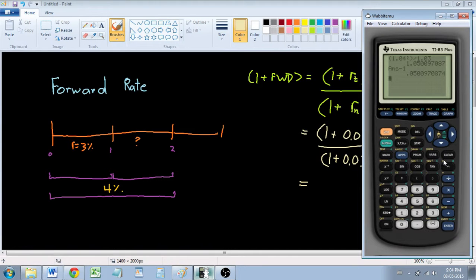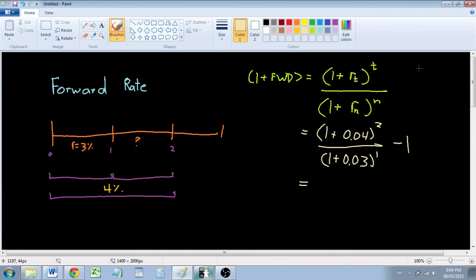Okay, we're going to end up with 5%. So it says that's what a forward rate is for this.